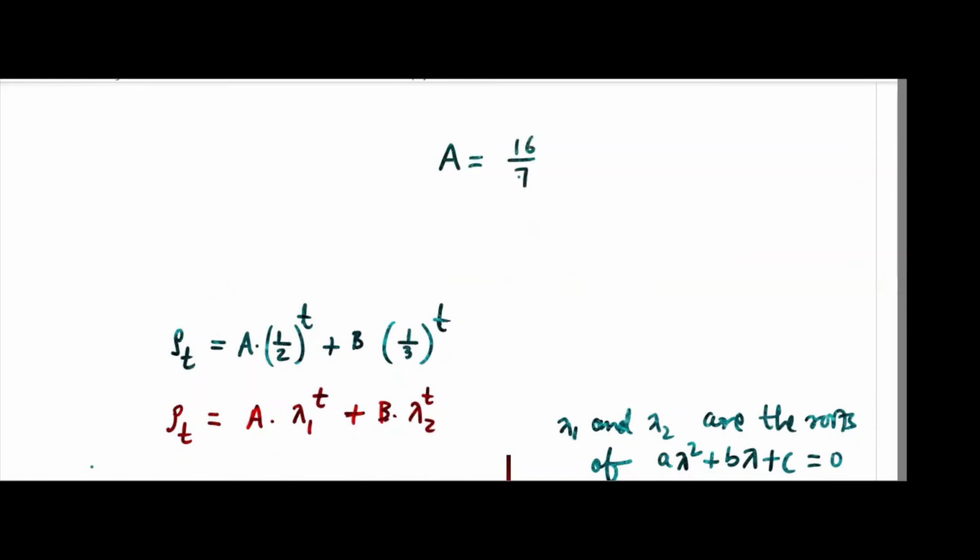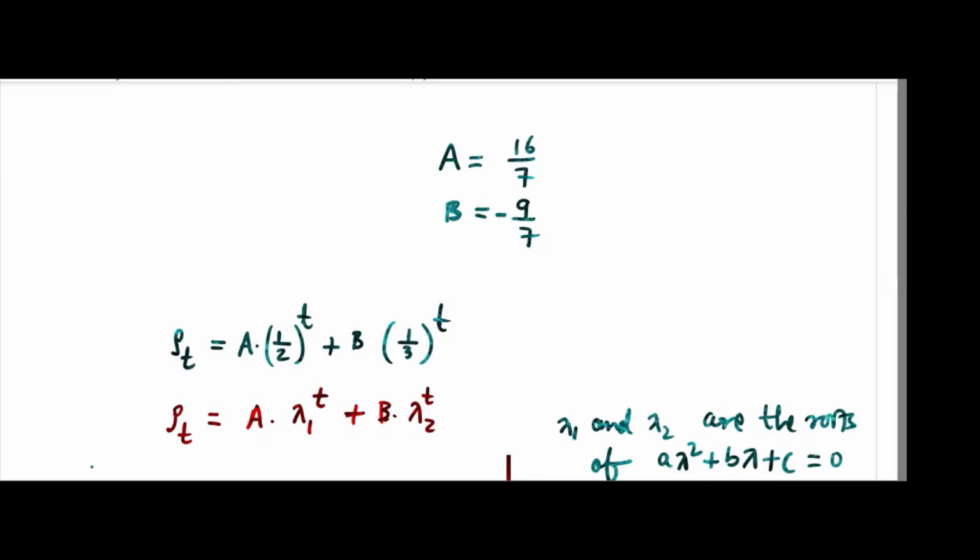A as 16 by 7 and B as 9 by 7. Now A plus B is 1, that is satisfied, and the other equation also, if you try, it will be satisfied. I think this is minus, because A plus B will be more: 16 minus 9, that is 7 by 7, 1.